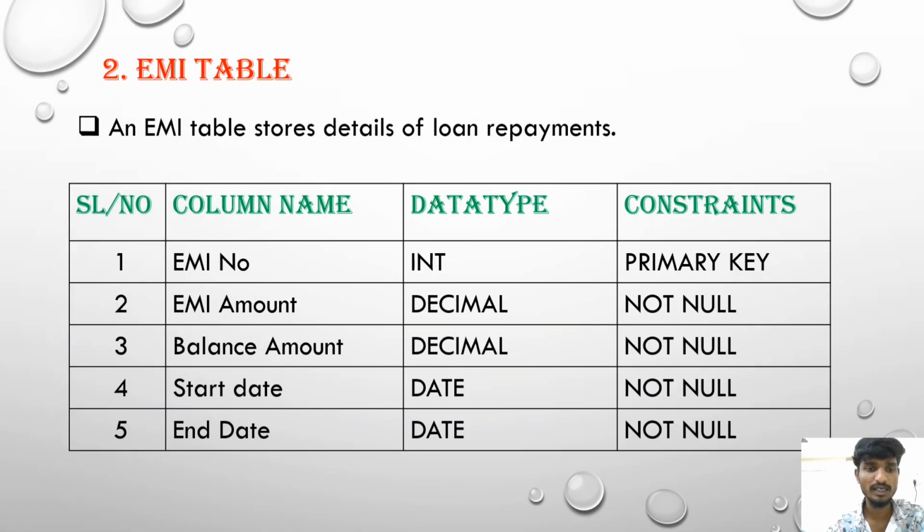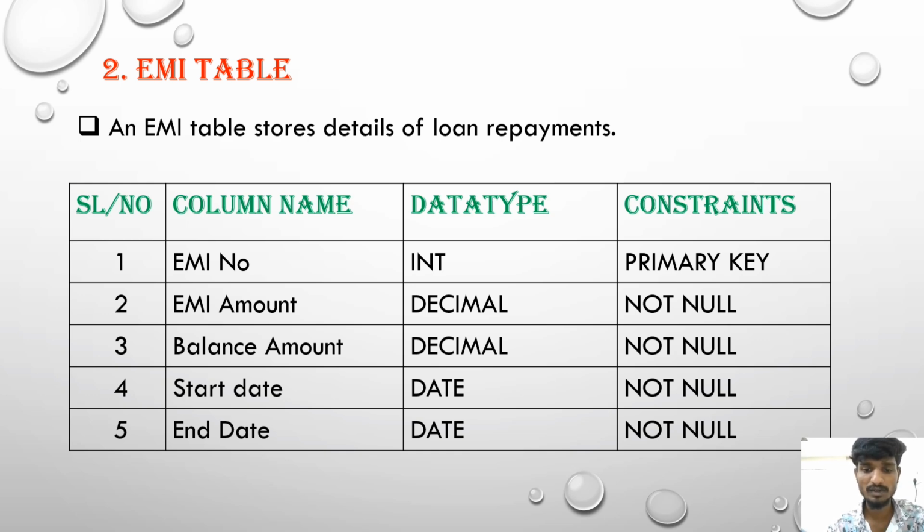EMI table. An EMI table stores detail of loan repayments. For EMI entity, I have used column name, data type, constraint, that is EMI number. Data type is int, constraint is primary key. It is unique number, so that's why I used data type as int. EMI amount.